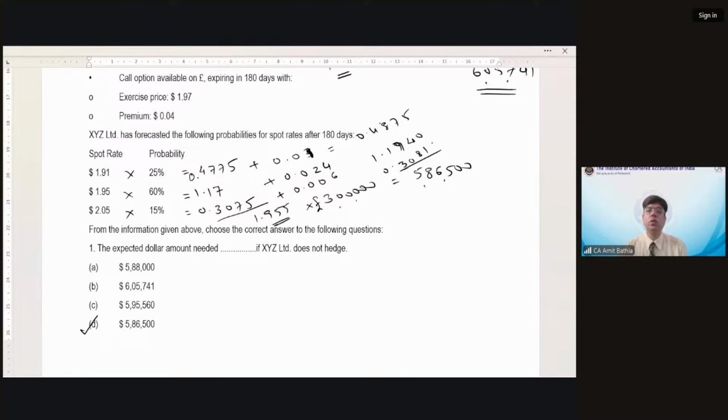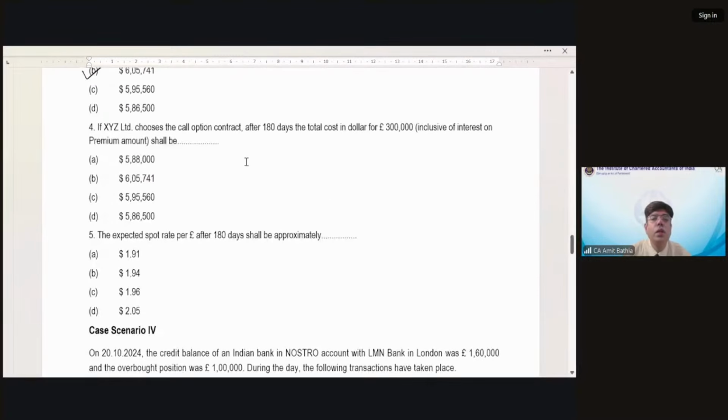The total should come to 1.996. All right. Now 1.996.